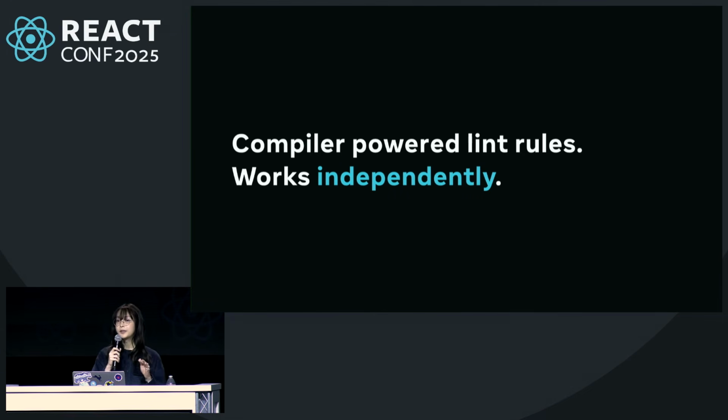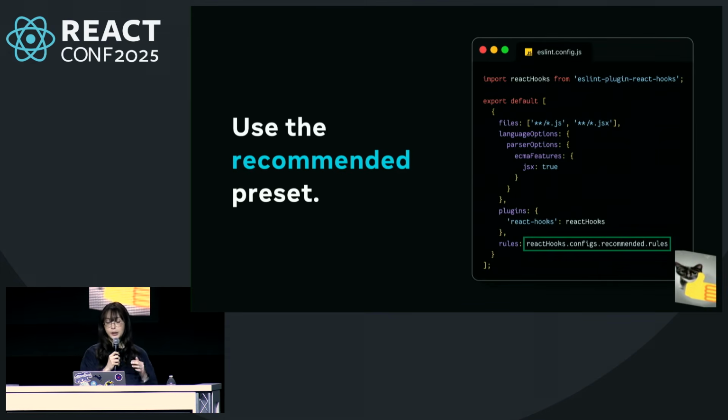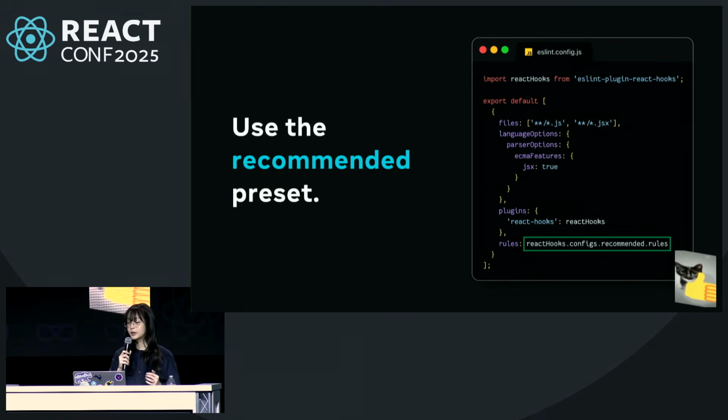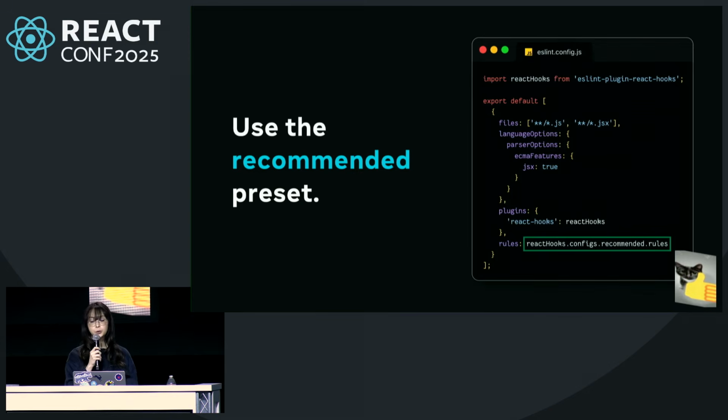So even if you haven't adopted the compiler yet, the linter's new rules will work out of the box to help you find rule of React violations that you should probably fix. And an important note, if your ESLint config previously only specified exhaustive deps and rules of hooks, you want to update your config to reference the recommended rule preset so that you get all of the new rules as well. Otherwise, you might not actually see them.